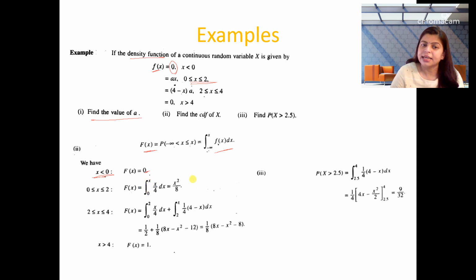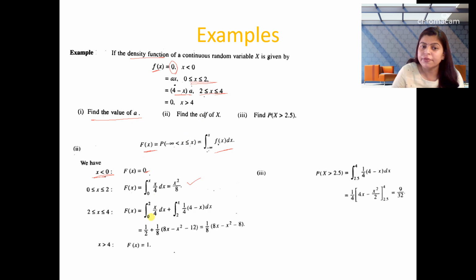So in that case we will get this function. Okay, in this range the function was this. We will put the value of A first of all, and then we will integrate it. Okay, so in this case you must be very, very clear that this time we are going 0 to 2 and 2 to x, because here we are finding this CDF for the range 2 to 4.